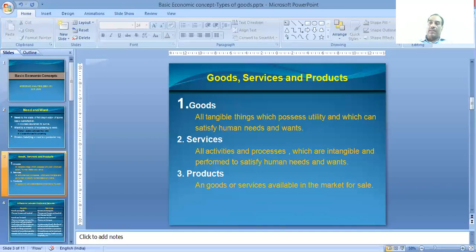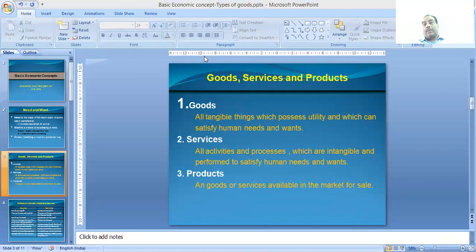You can hold that pen, you can feel that the pen is in your grip, between your fingers. The pen is a tangible thing and it has utility. It can satisfy our needs. We are students, we are teachers, and to read and write we need pens, books, and notebooks. So there are several types of goods which are required to satisfy our needs and wants. Goods are all tangible things which possess utility.